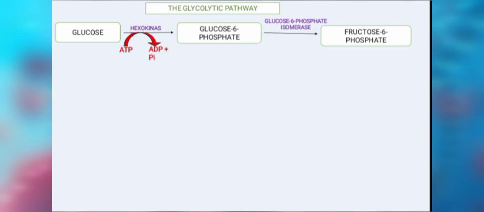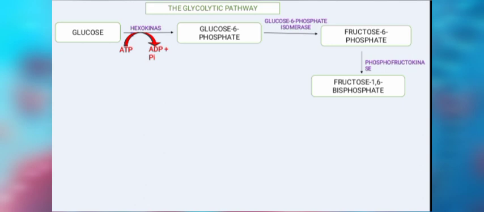Now after getting your fructose 6-phosphate, it is going to undergo another phosphorylation at carbon number 1 to produce fructose 1,6-bisphosphate, and the enzyme involved is called phosphofructokinase.